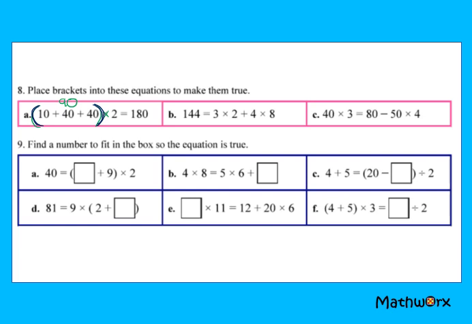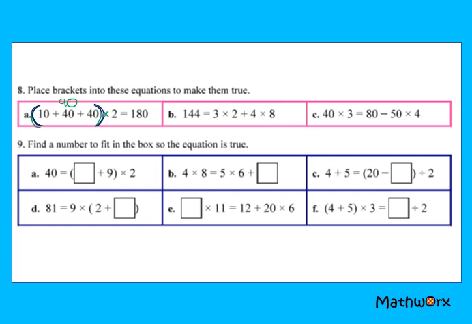These are all the things you need to think about when you try and put brackets to make it true. Now, if you put the brackets around the 3 times a 2, that gives me 6. And if you try to put the brackets around those two, there's also a times. What's 4 times 8? 4 times 8 gives me 32. And 32 plus 6 does not give me 144. So definitely the brackets do not go there.